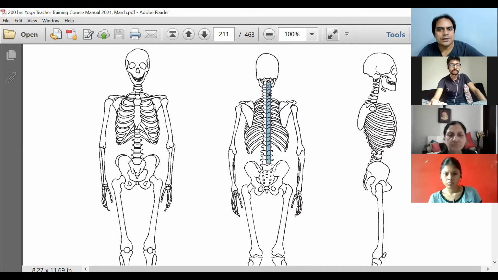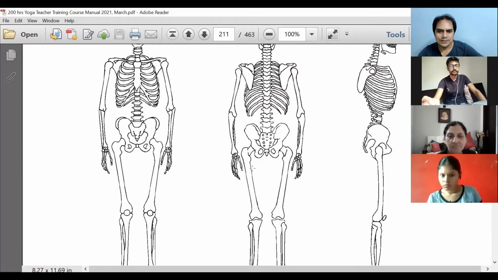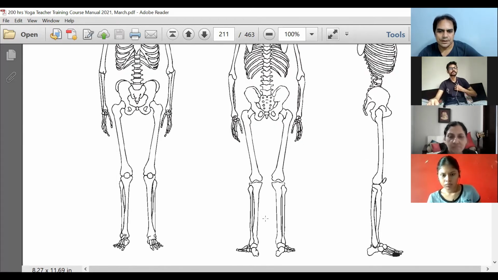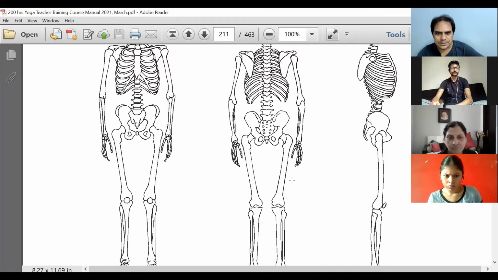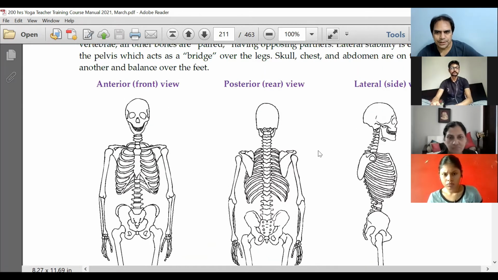There are a total of 33 pieces, 33 joints in this vertebral column. This is the pelvic girdle. This is the femur, tibia and fibula. Then this heel, right? So this is the back view, posterior view, rear view.